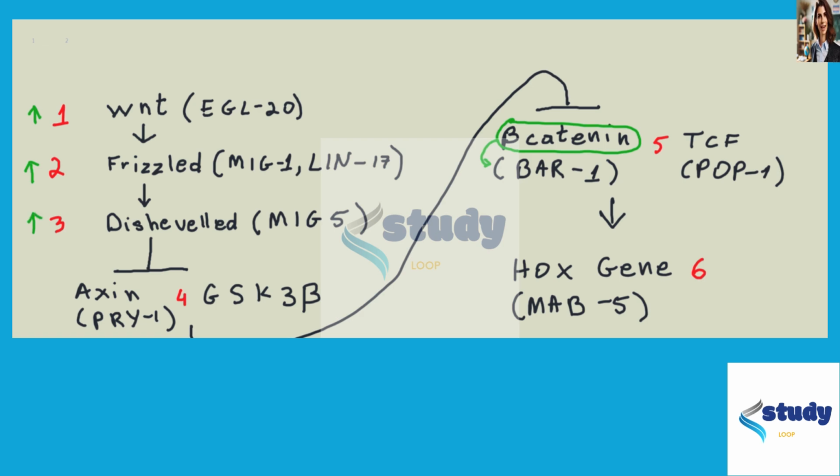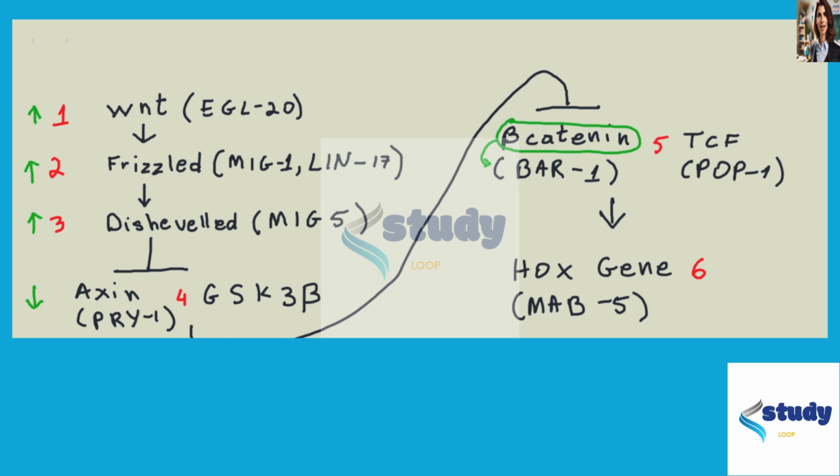And the green arrows that I'm drawing here basically represent more or less activity of that level. Now, since level 3 blocks the expression of level 4, that means that you would have less activity at the level 4. Now, since you have less activity at level 4 and level 4 also blocks level 5, less level 4 means more level 5 and more level 4 means less level 5.